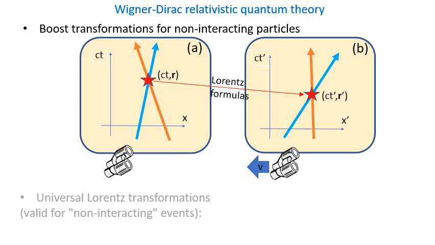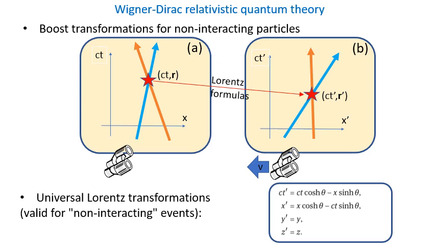They are shown in the right panel. The intersection point ct prime r prime can be easily calculated in the Wigner-Dirac theory, and remarkably, the primed coordinates are related to the original coordinates exactly by Lorentz formulas of special relativity. So we conclude that special relativity works well for non-interacting events, at least in the classical limit where particle trajectories make sense.